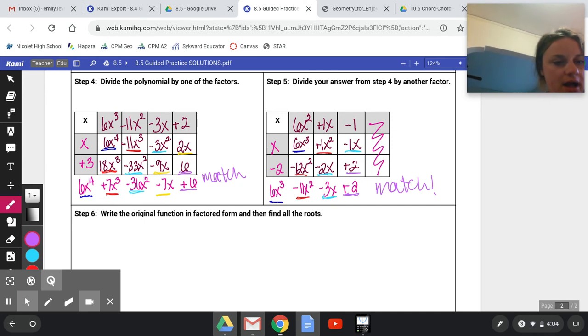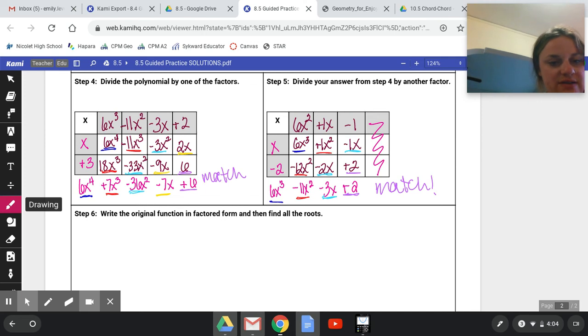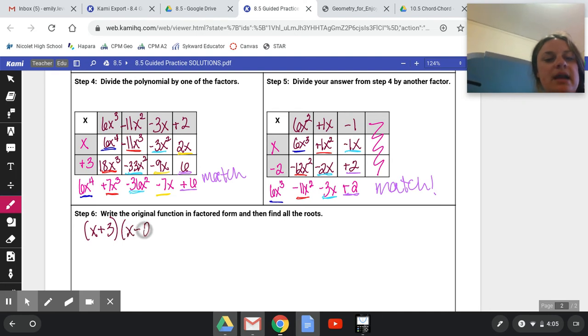My factors that I found were x plus 3 from my first PolyDoku puzzle, and then I had x minus 2 from my second PolyDoku puzzle, and also from my second PolyDoku puzzle I've got 6x squared plus 1x minus 1.